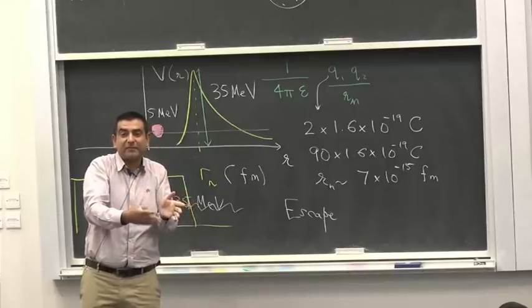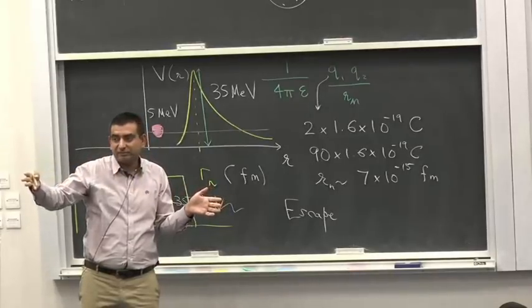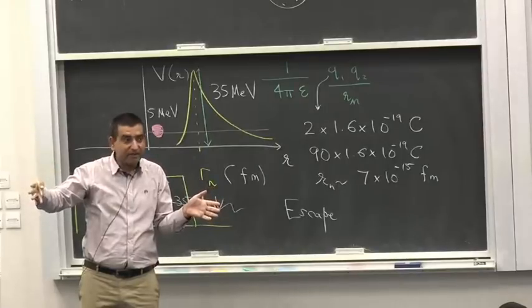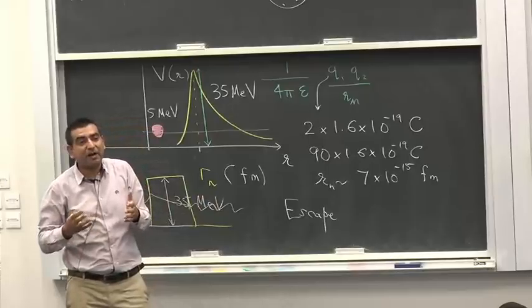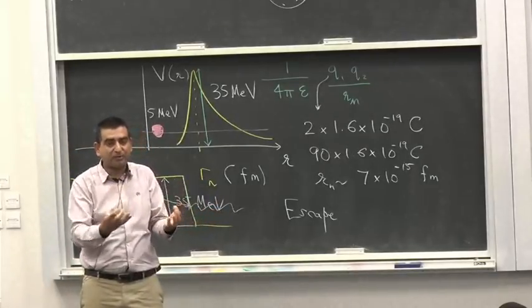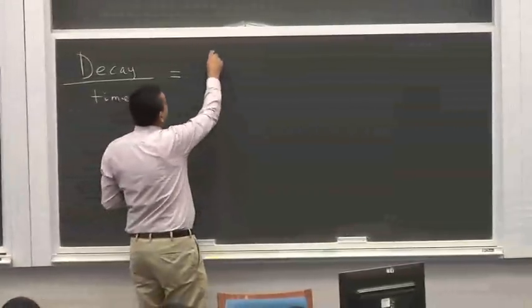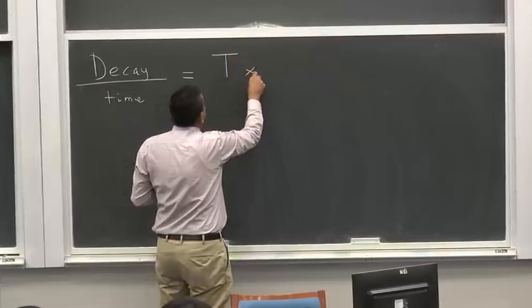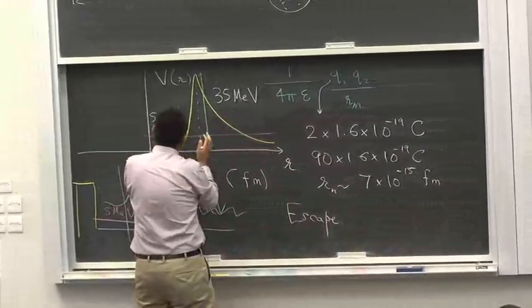And that probability is given by the tunneling coefficient T that we calculated. The transmissivity. Remember, we calculated the transmissivity. That's the probability that a particle can come out of the barrier, come out of the well. So the decay per unit time is given by the probability times the number of times this alpha particle can bombard the nuclear surface.